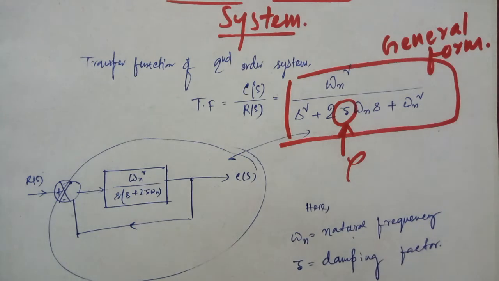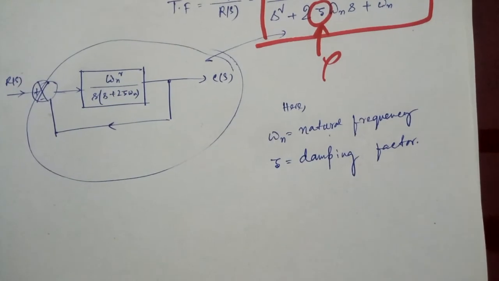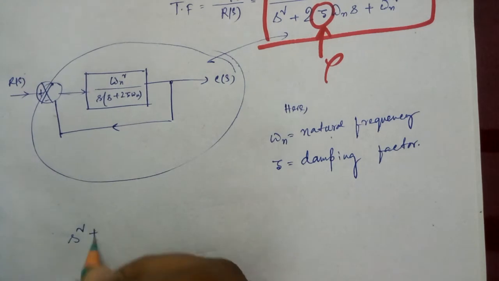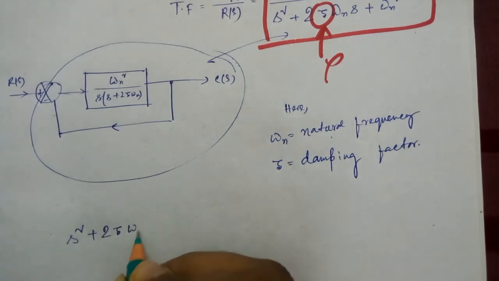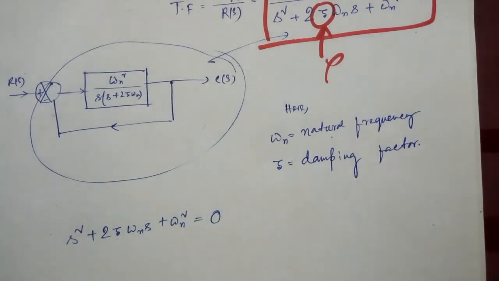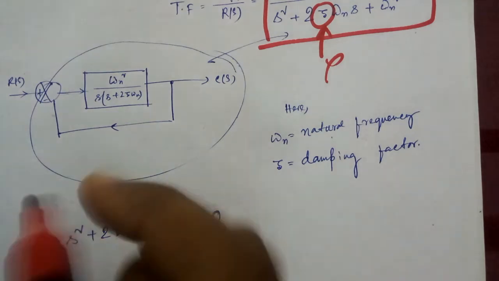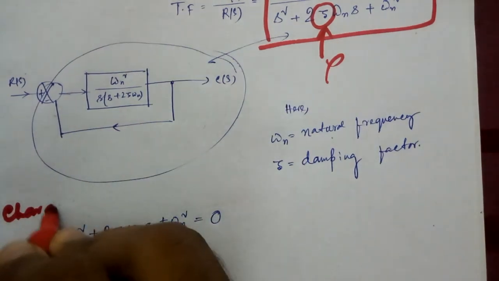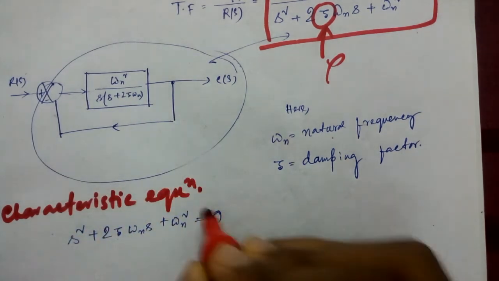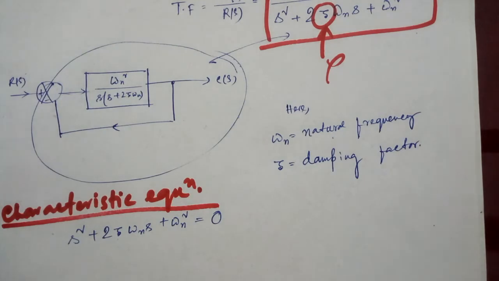Now the most important term of any second order system, or any system, is its characteristic equation. In this case the denominator part, s square plus 2 zeta omega n s plus omega n square, is equal to 0. This is called the characteristic equation of this second order system.